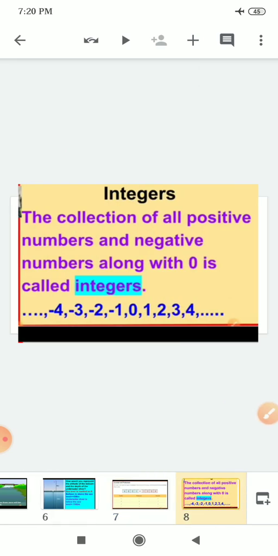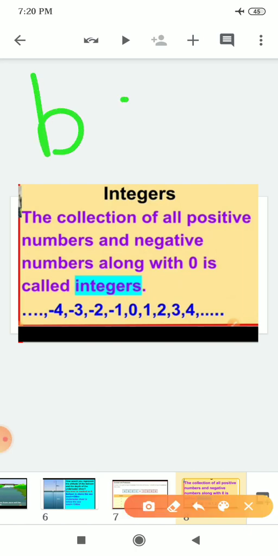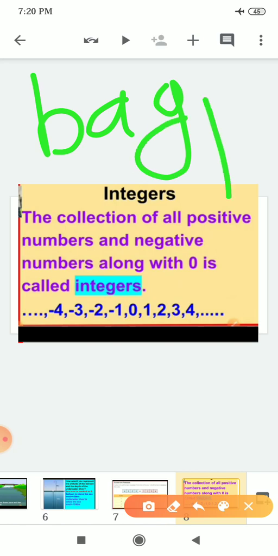Because the chapter name itself is integers, let's discuss the definition of integers. We have the collection of all positive numbers and negative numbers. It is the bag of both positive numbers and negative numbers, along with 0. It also includes 0.